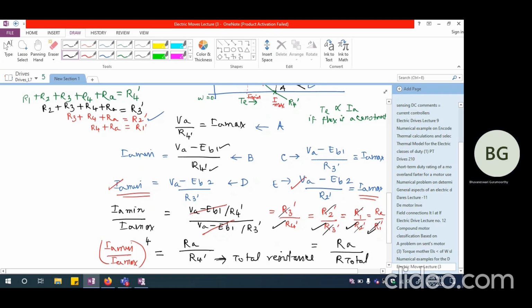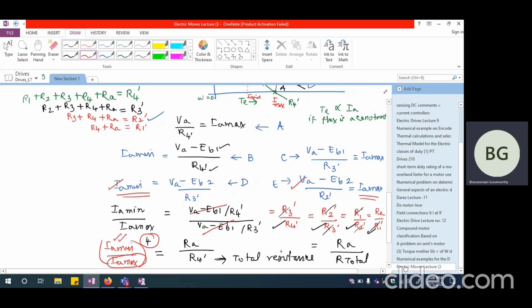So if I am given how many steps of resistances I am going to use, and what is the maximum current that can be commutated by the commutator brush assembly, I should be able to calculate what is the minimum current value to which the armature should be subjected to, and what is the kind of minimum torque the armature will be developing.